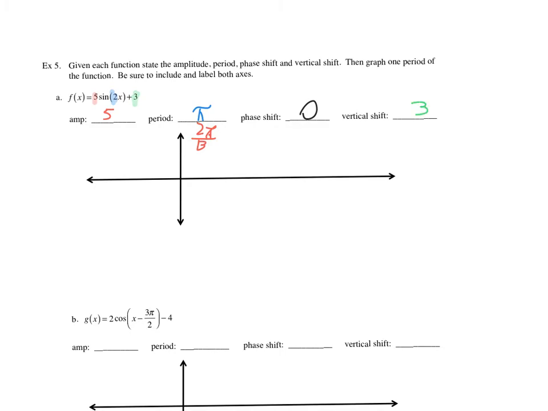So how do I graph this? Well, I want to go up on this line 3 units. That's going to be my midline. Then I'm going to mark 5 above and 5 below.